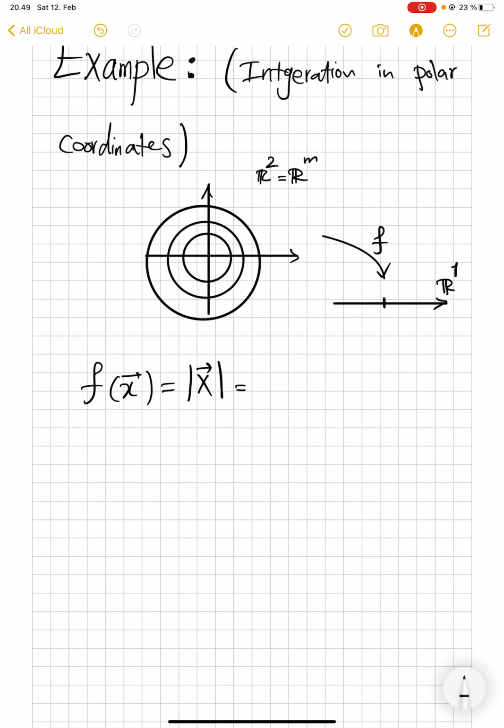So this will be root of x squared plus y squared if this vector is xy.